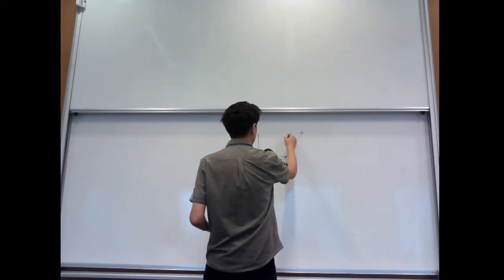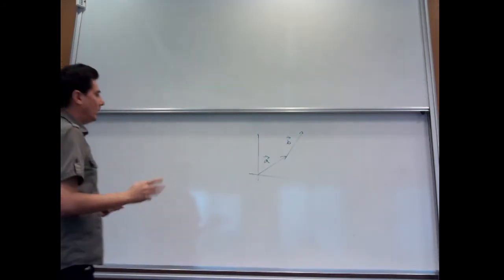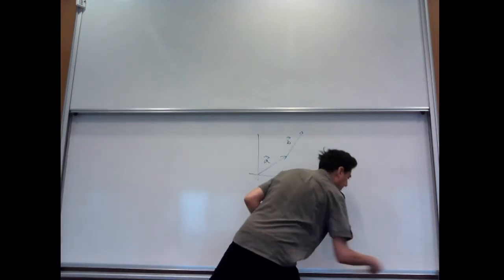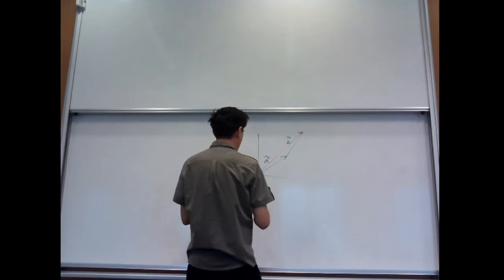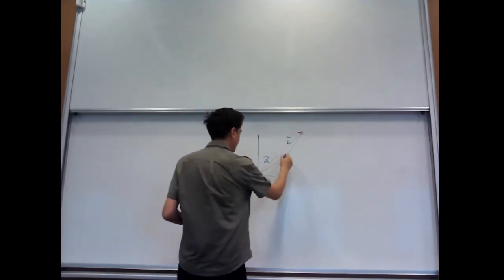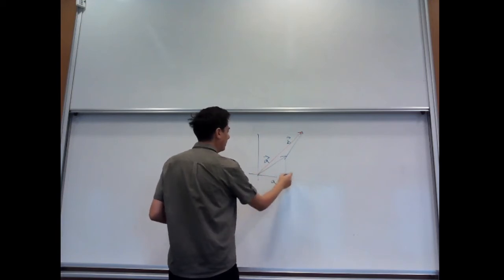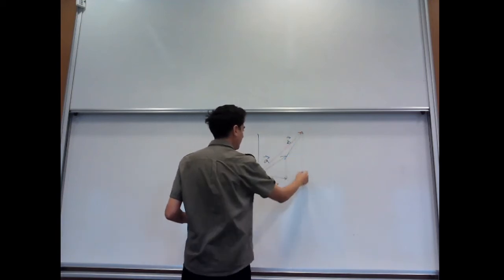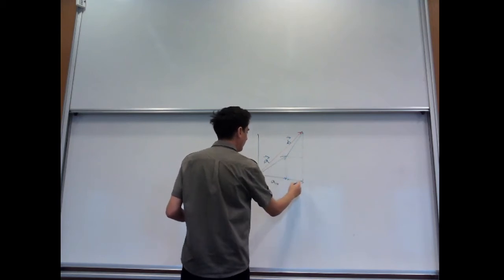I guess maybe you guys don't really need convincing, but if you've got two vectors like this, the reason why we can add the components and it will give the resulting vector is, you can see from this graph, that the x component of a is here, and then the x component of b is here.